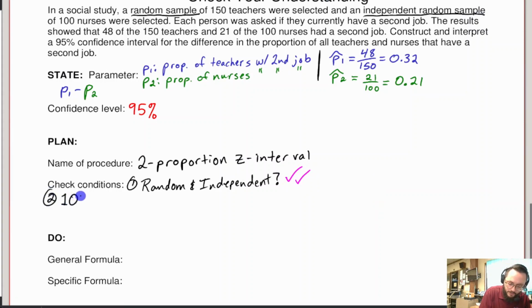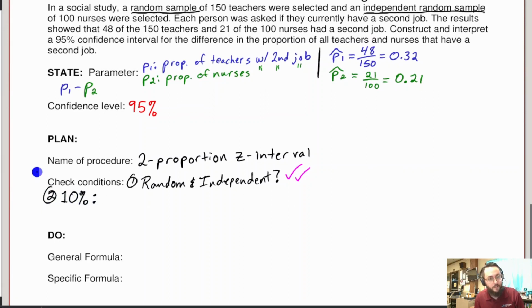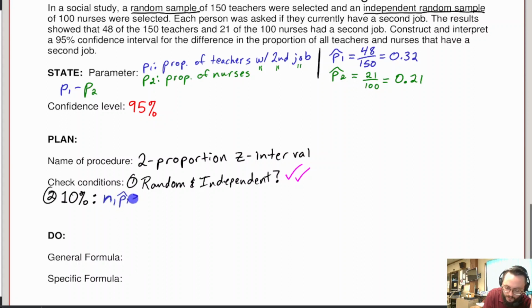Second condition is the 10% condition. So we are looking at, oh sorry, no, that's not the right one. I made a very common mistake. Let me move my tablet a little bit.